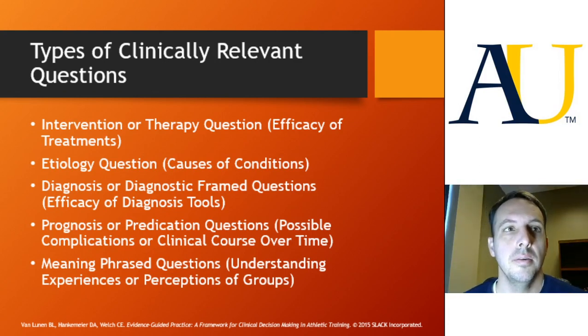Those come into play then in this idea of prognosis or prediction questions. The last type of question is more unique, and these are meaning phrased questions. A meaning phrased question is really when we're trying to understand either experiences or perceptions of groups.